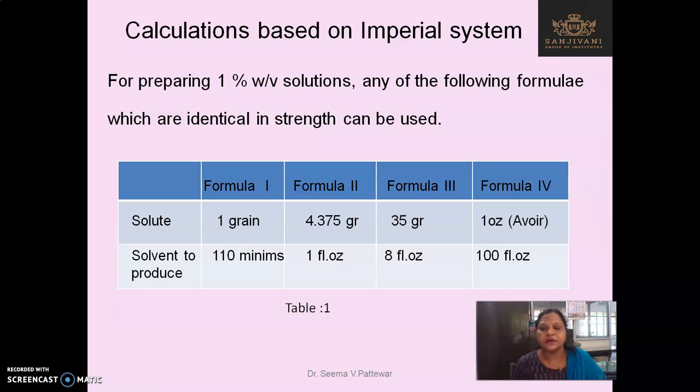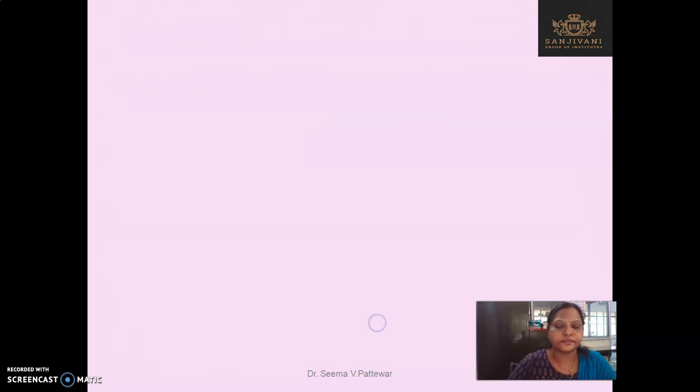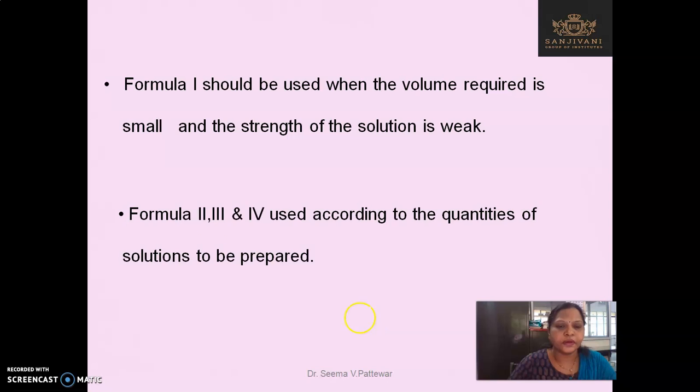In case of the metric system, we will see. So in this case, this is a very important formula. Formula 1 should be used when the volume required is small and the strength of the solution is weak.